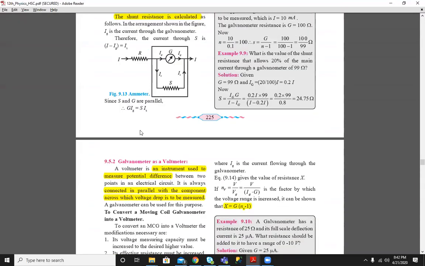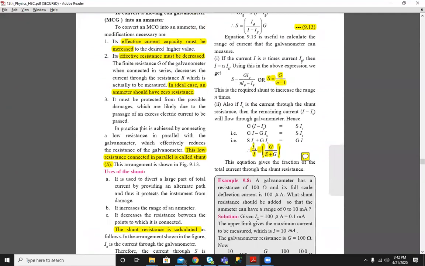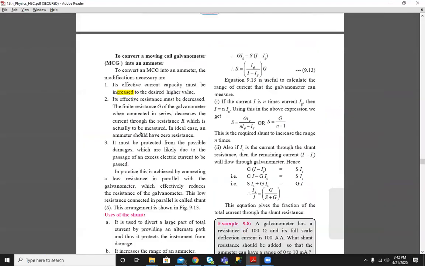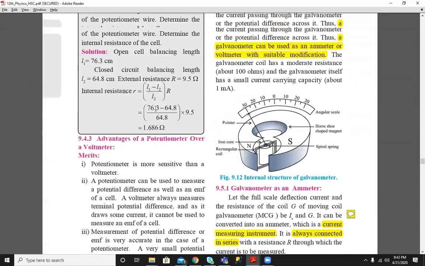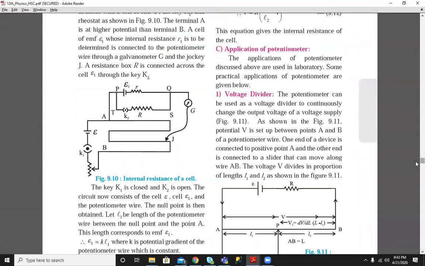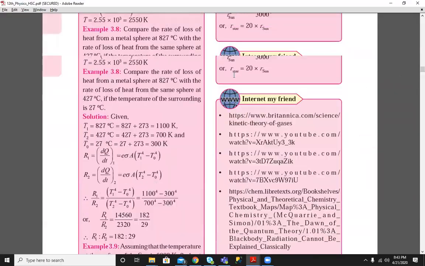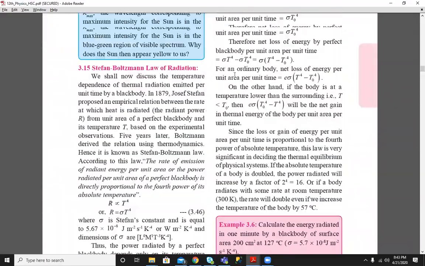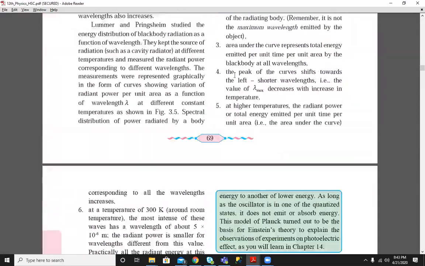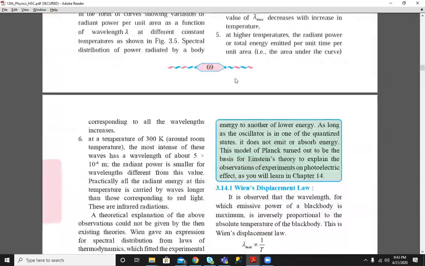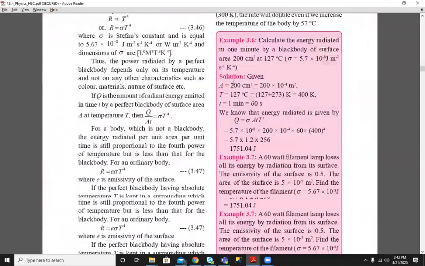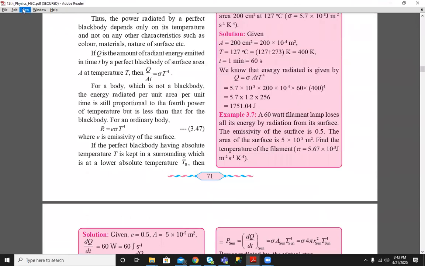Okay, so today let's revise the whole chapter as we have seen it. We started this chapter with Kirchhoff's laws. We saw Kirchhoff's first law, also called the current law or junction theorem. We saw Kirchhoff's voltage law. Let's go to the page first.